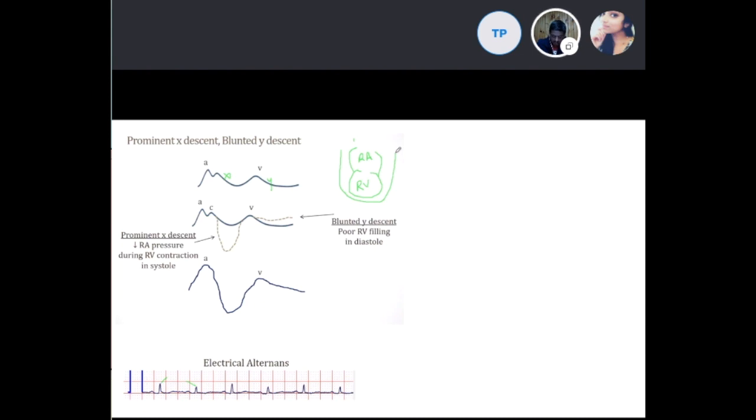When the right ventricle contracts, the surrounding volume here, so you have this fluid, when this contracts inwards, all the fluid up here will start to drop down, allowing the right atrium to relax a lot more. So this right atrium will have more space to basically bulge out and relax, and that's why you get a greater X descent. Because you're giving the right atrium more space, it's going to blow out more. Does that make sense?